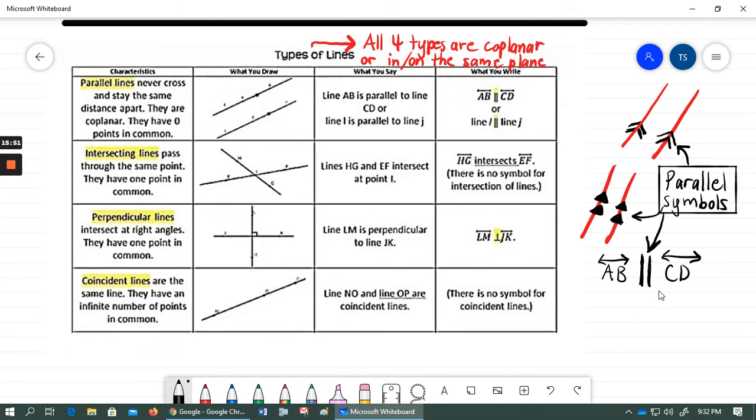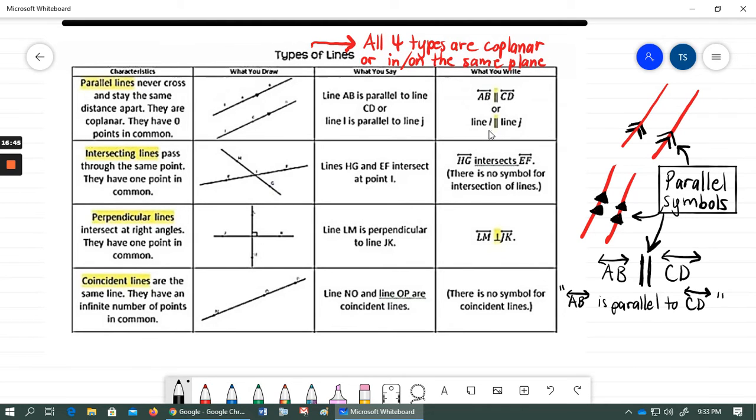Line AB is parallel to line CD. I hate writing it like that, it's just too much. Yeah, that's sloppy. All right, so when we see those symbols, and you see in this little diagram that line AB is parallel to line CD, that's what they mean.